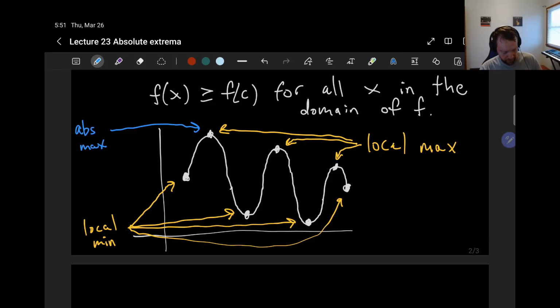Notice it's both an absolute maximum and a local maximum. Well, this is because absolute are always local when you think about it. If it's the highest point in the entire domain, then that means it'll also be the highest point within its little neighborhood. So an absolute maximum is always a local maximum too.